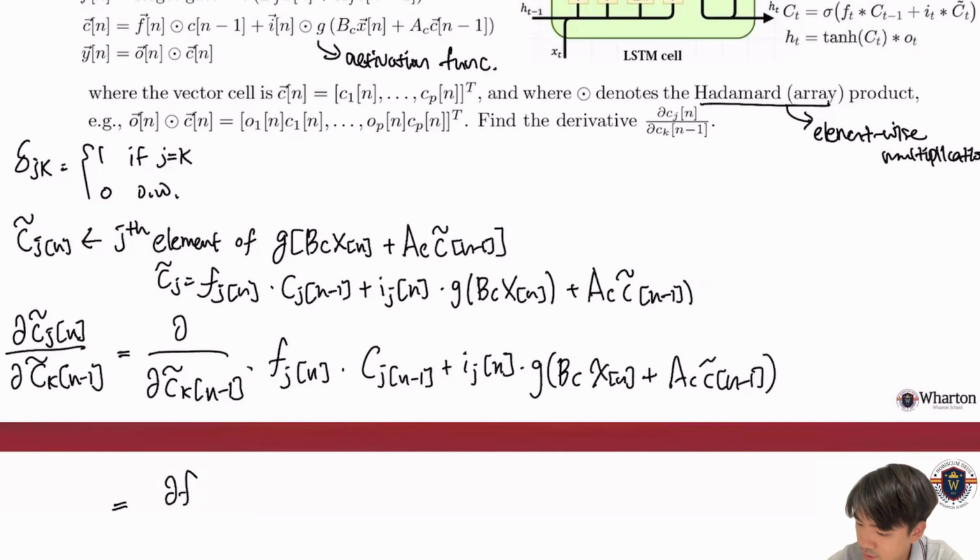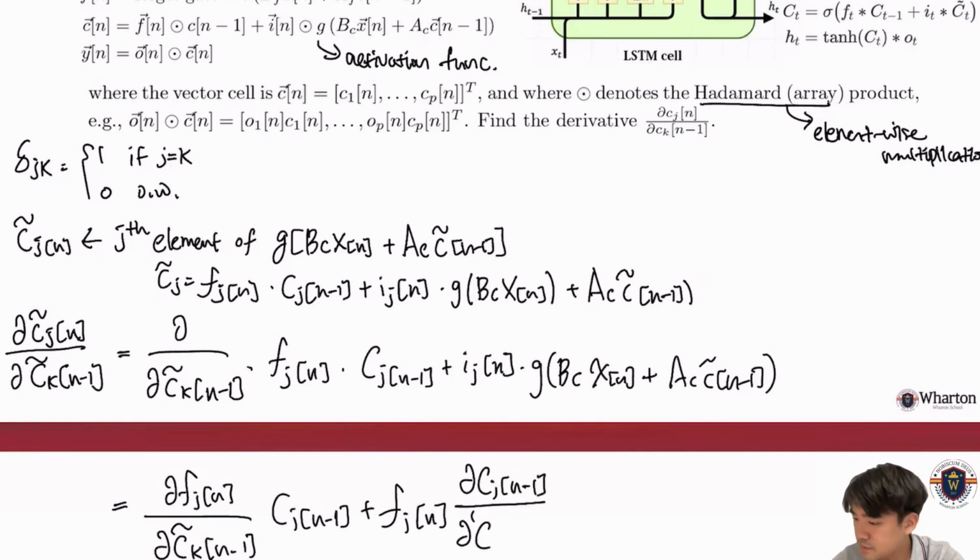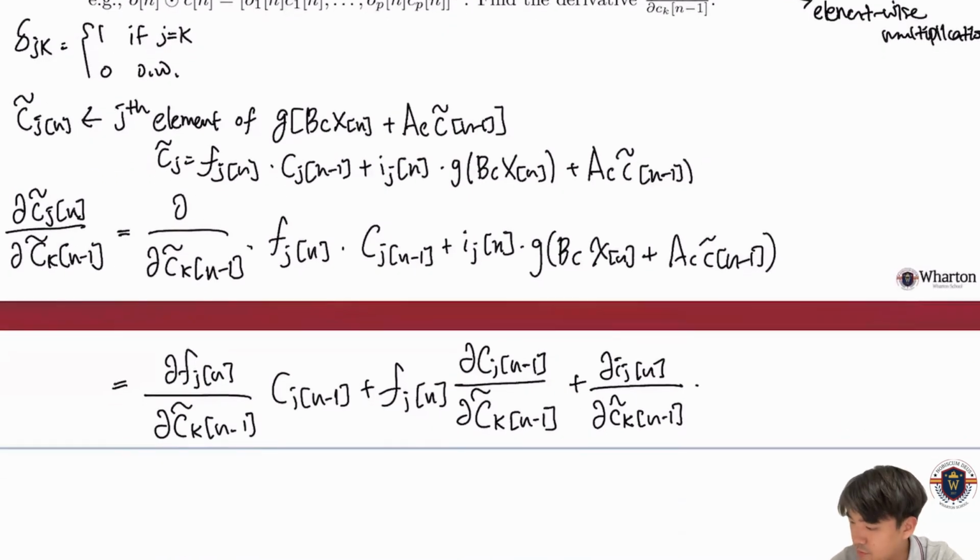So I would define it again. This one is equal to the partial derivative of Fjn, the current state, with respect to the candidate state of the previous state, multiplied by Cj of the previous state, plus Fj n with respect to Cj n minus 1, with respect to the candidate state Ck n minus 1, plus the input gate Ij, which we defined earlier, with respect to C tilde K n minus 1.